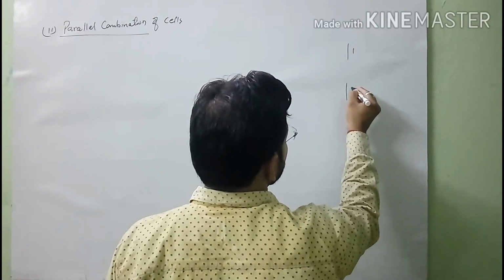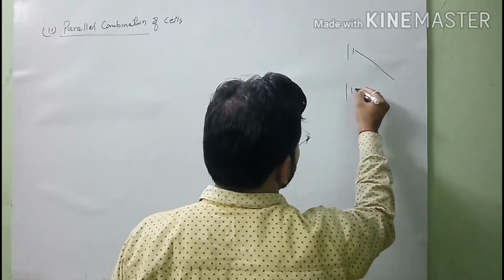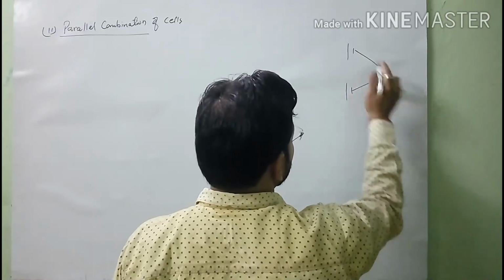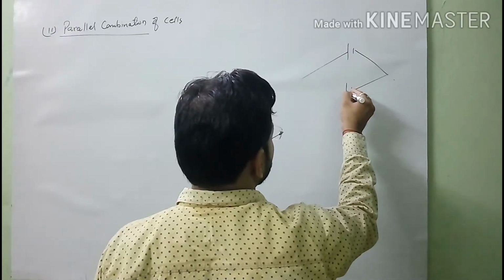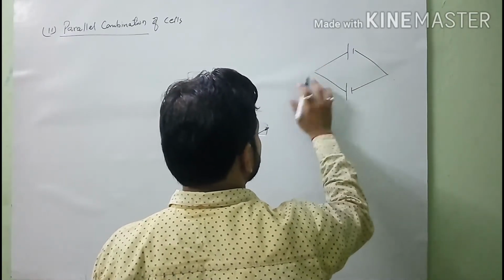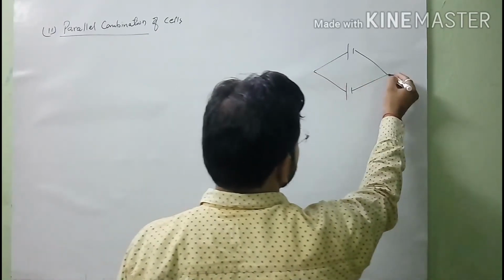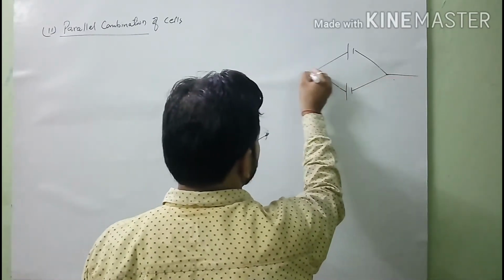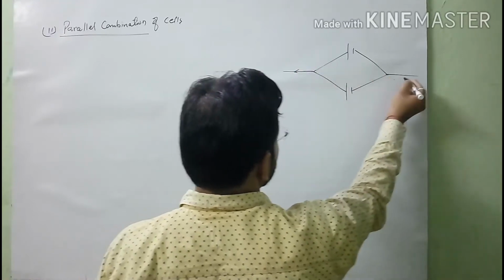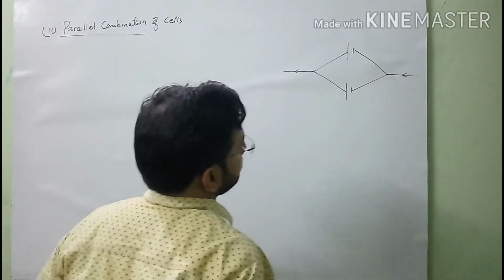Here two cells of EMF E1 and E2 are interconnected with each other such that their positive terminals are interconnected to each other and the negative terminals are also.